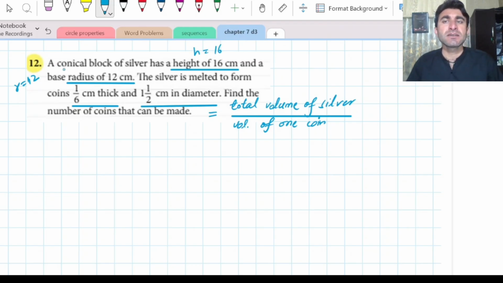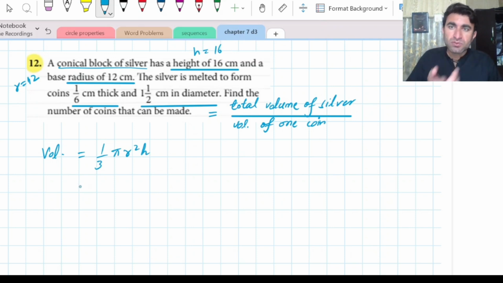As we see, it is a conical block of silver, and the volume of silver will equal the volume of the cone, 1/3 πr²h, where the radius of the cone is given as 12 centimeters and the height is 16.